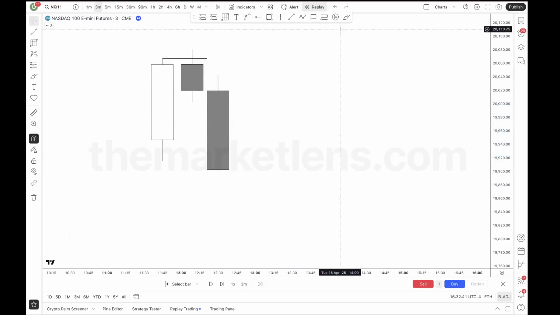And within here you would have some sort of clear CSD to expand away from. It's just riskier, right? Because you're not confirming the high of the candle. But yeah, that's positional entry.